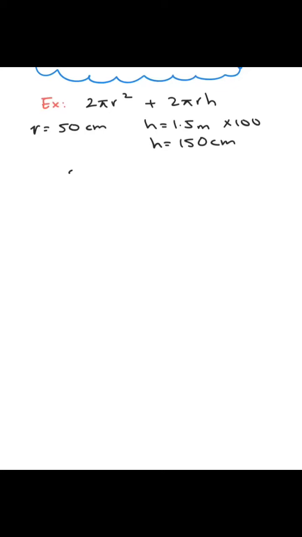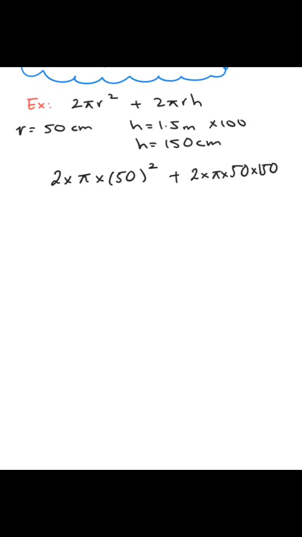I have 2 times pi times, instead of my r, 50 squared, and over here I have 2 times pi times 50 times 150, and I'm dealing with centimetres squared because I'm finding the area.